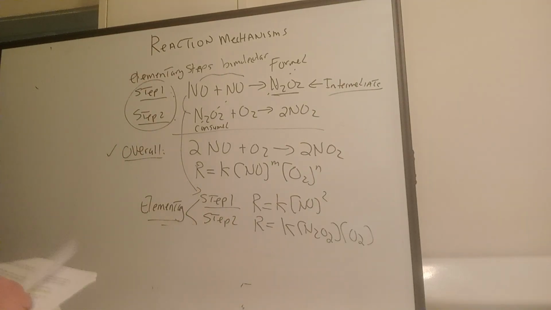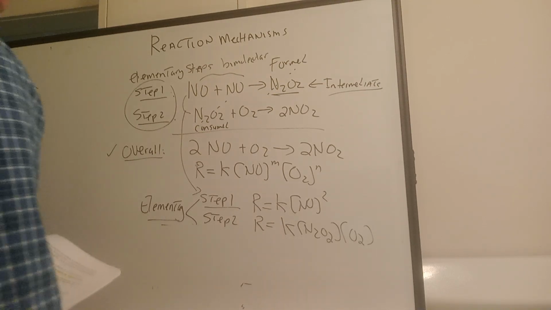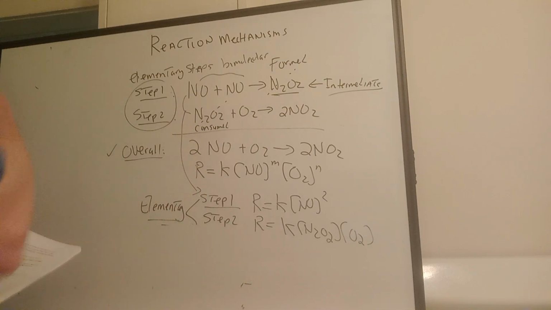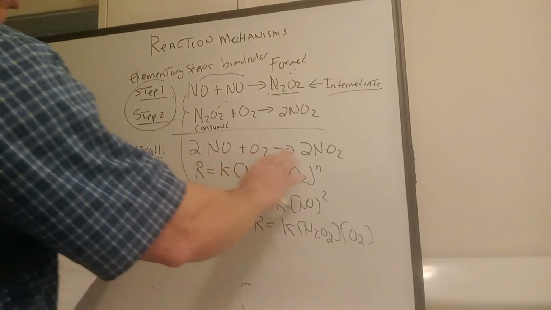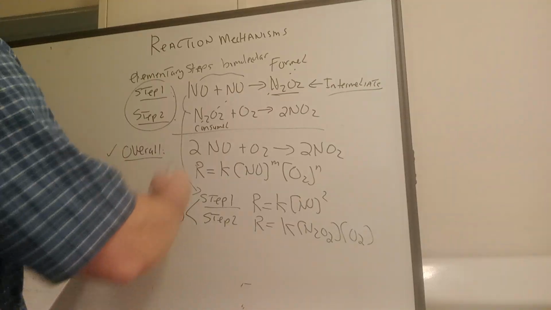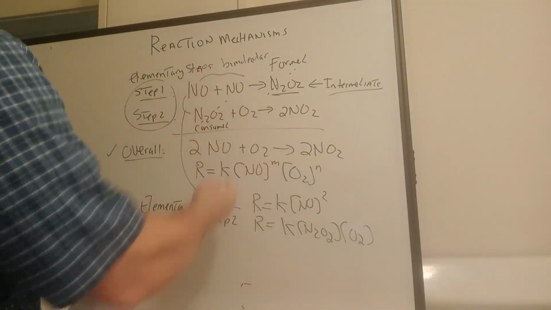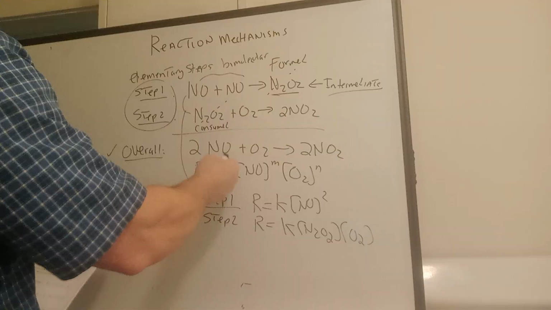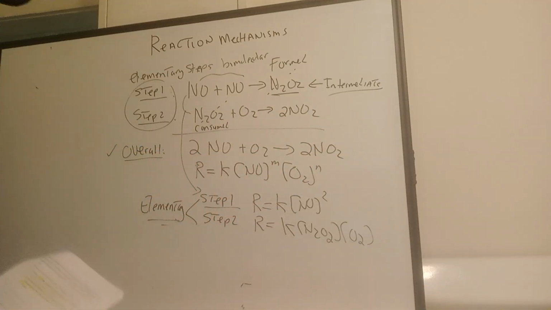One of the things that becomes critical, particularly in subjects like organic chemistry and biochemistry, where this comes into play all the time, is you have some principles that carry forth. One is when you have a mechanism proposed for a given overall reaction, which is usually what you'll observe in the lab most readily, the sum of the steps, when you add them together, just like in this case, have to equal the overall reaction.